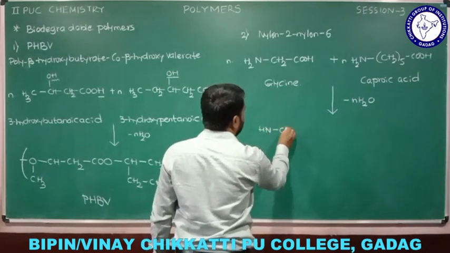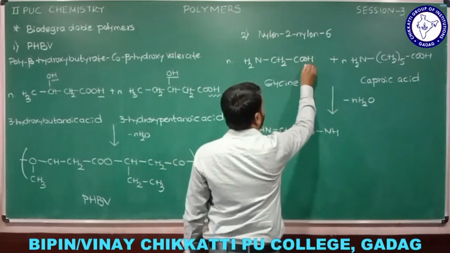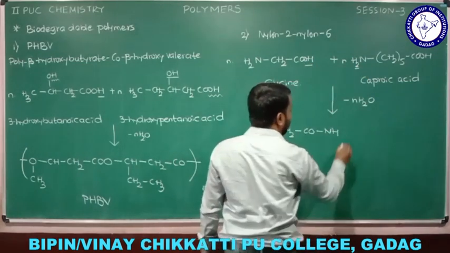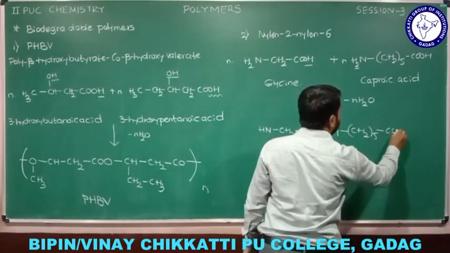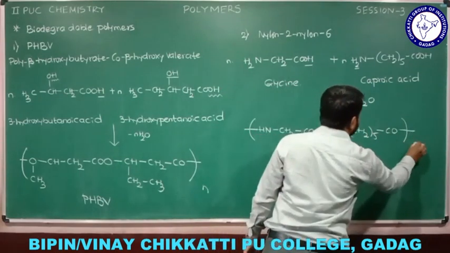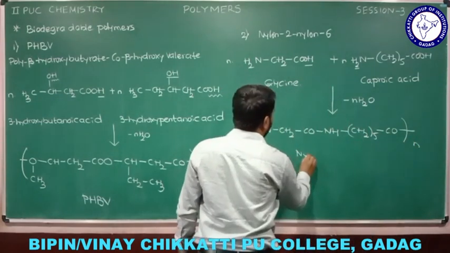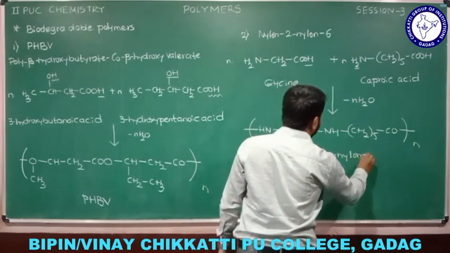So NH and CH2 CONH here, OH from here and H from here, CONH, and CH2 5 times we have, and CO, and that is going to be extended here, and here I will write the brackets and n, and that will be what actually nylon 2, nylon 6.